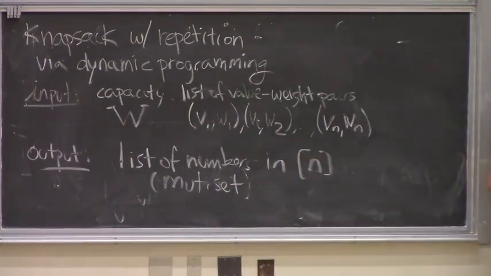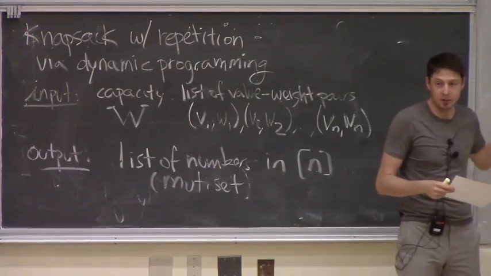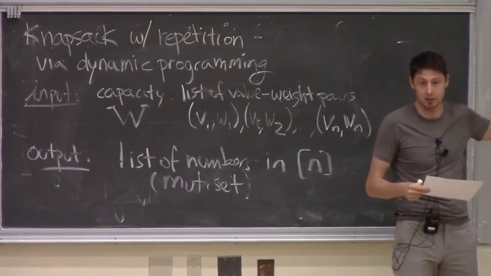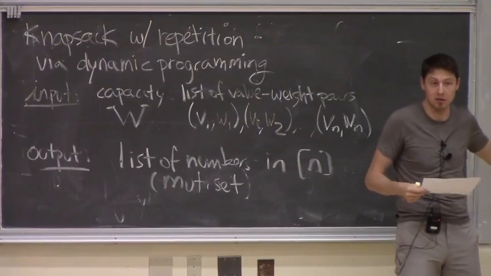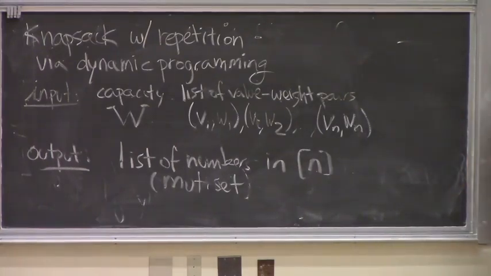So let's say we have a certain capacity here, little w. It's just a guess, right? Maybe we're going to have to add other parameters to the subproblem parameterization. But let's start with something. Suppose that I wanted to solve a knapsack with repetition, okay, of a certain capacity, little w.